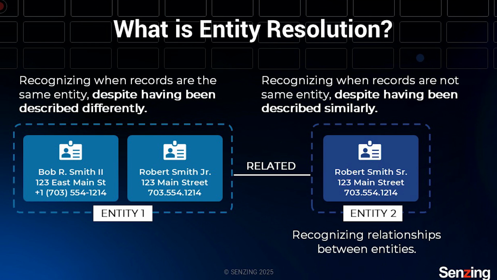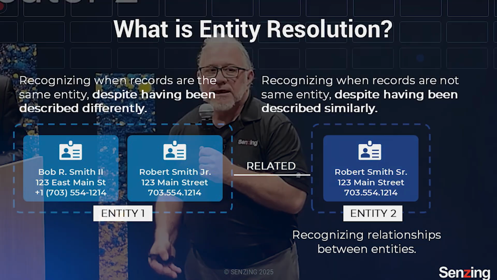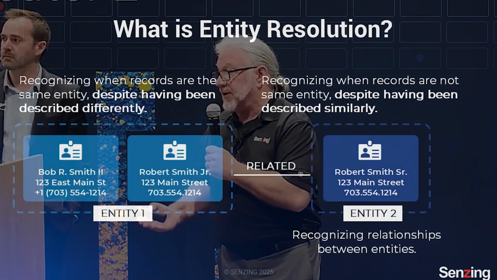Typically in your customer data, for instance, you'll have multiple records that have different descriptions, but they're about the same entity, about the same person. So ultimately, you need to know that these need to have a merge or some sort of handling as one entity. But then you're also going to have other records that overlap, that have similar descriptions, but they're different.